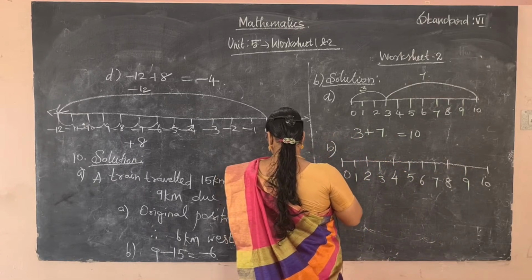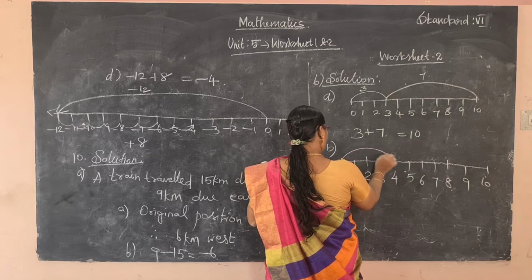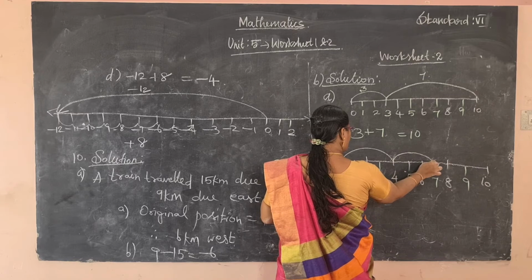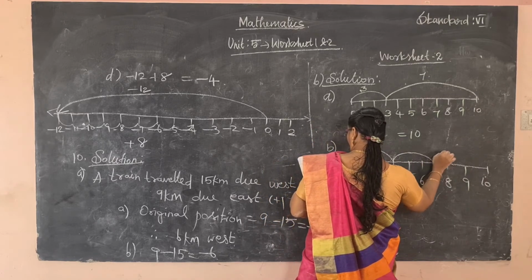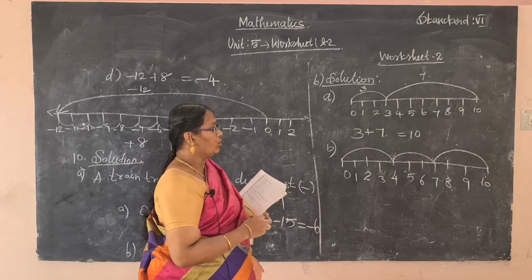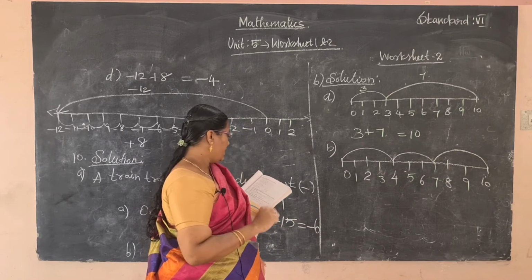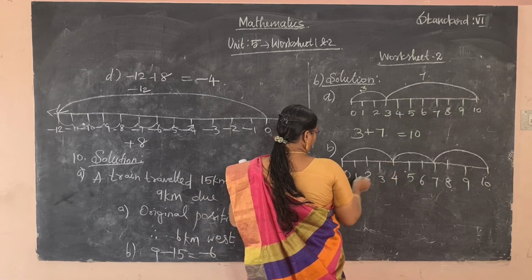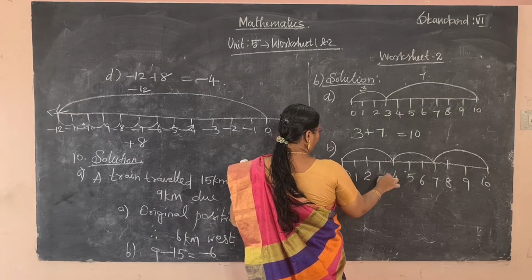The arrow marks say 0 to 4 and 4 to 7 and then move to 10. That is given in your book. So now write the number sentence. Count, start from 0 to 4. So 1, 2, 3, 4.